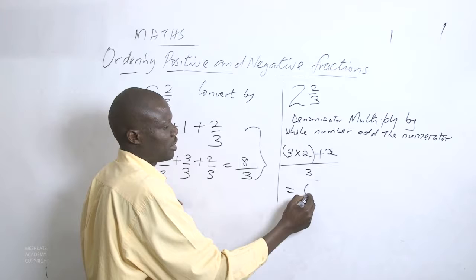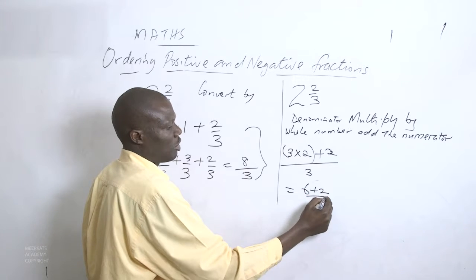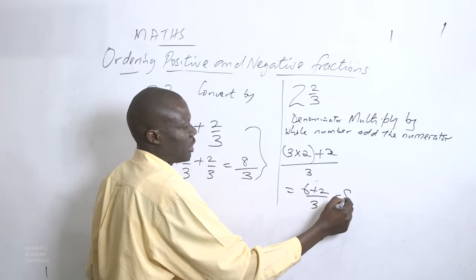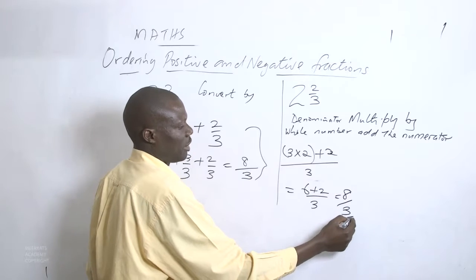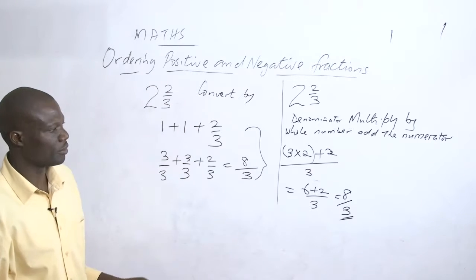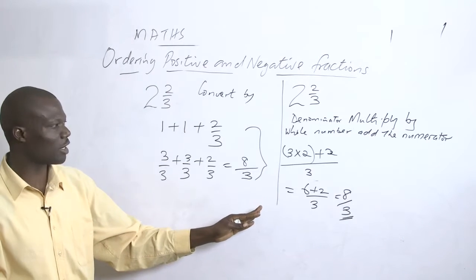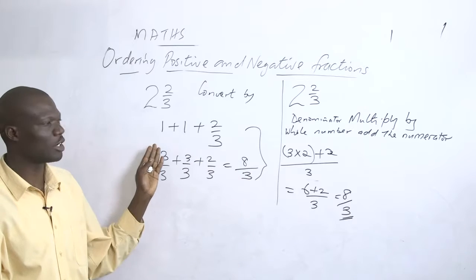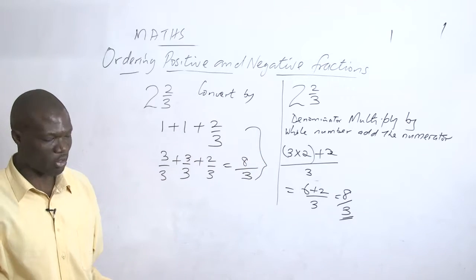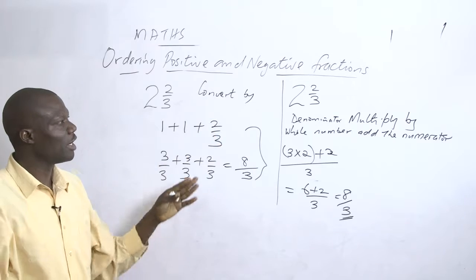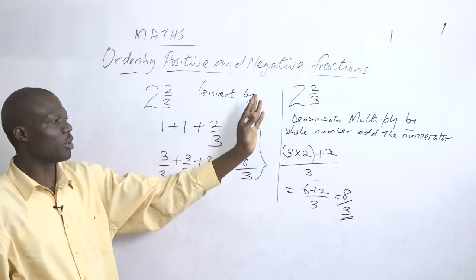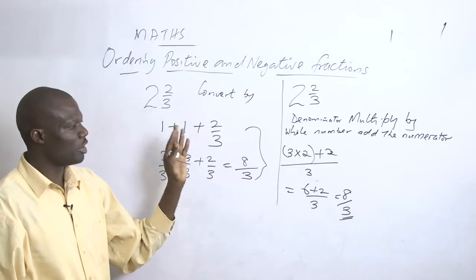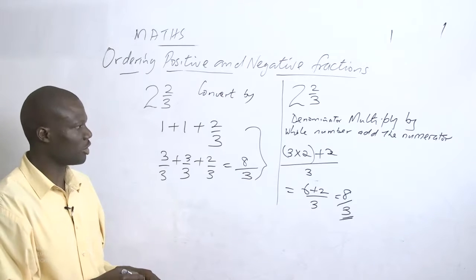This gives us 6 plus 2 over 3, which is 8 over 3. So this is the second method. If you don't want to use the first, you can simply use the second method to change a mixed numeral into an improper fraction.